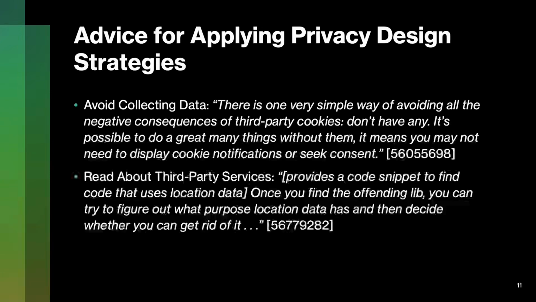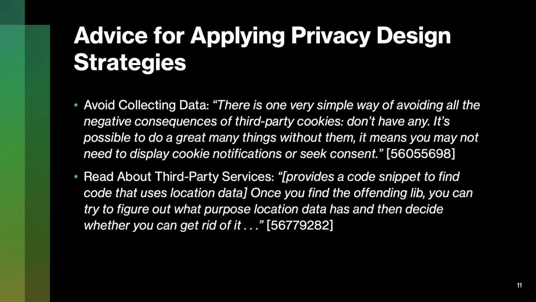And in the last group of advice, they talked about understanding and reading more about third-party services. For example, in this example, the answerer posted a code snippet that helps the asker to find any code that uses location data in their application. Because the asker couldn't figure out why their app is using location data when they didn't intend it to.